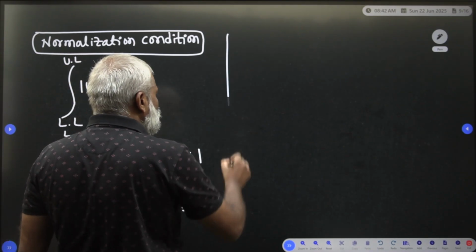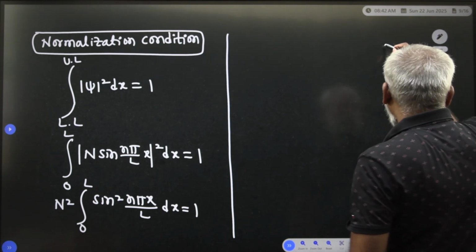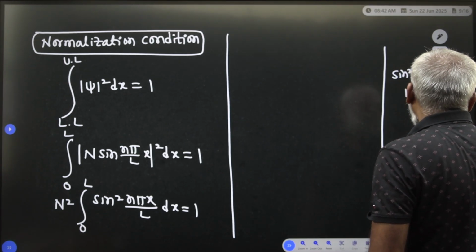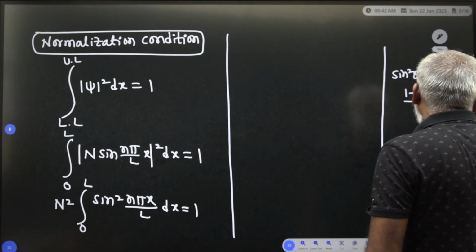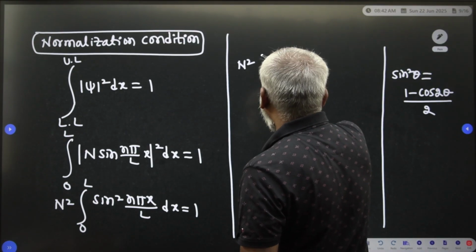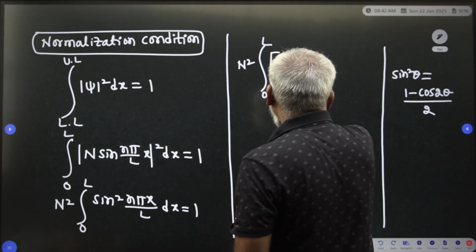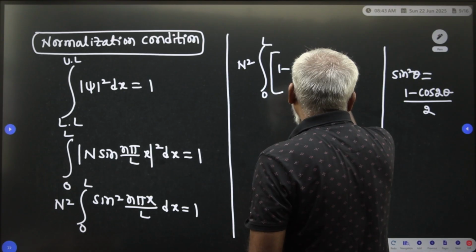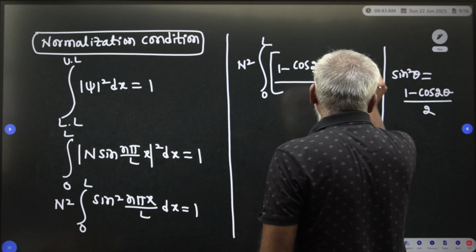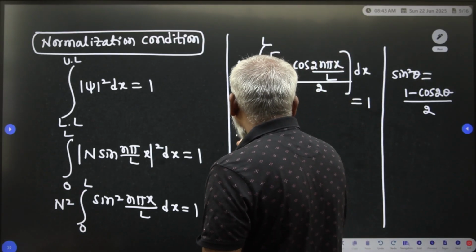We know the trigonometric formula: sin square theta is equal to 1 minus cos 2 theta divided by 2. You have to apply it here.